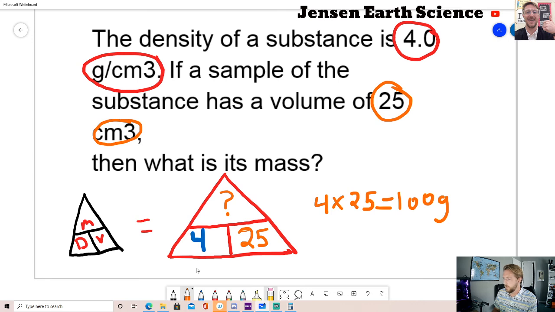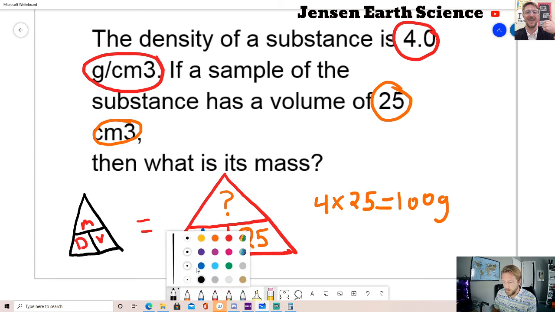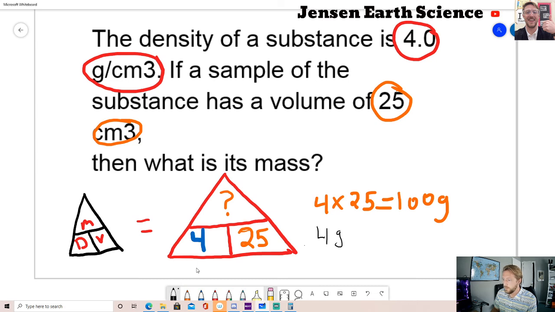Now, how does that stack up if I were to put in my units and think of some math concepts? So I had 4 grams per centimeter cubed, and I multiplied by 25 centimeters cubed, and I got 100.